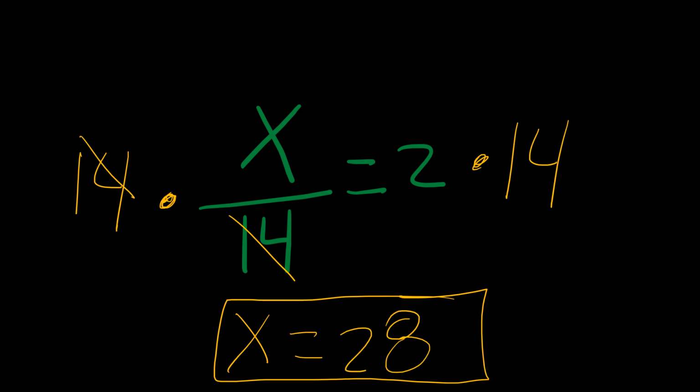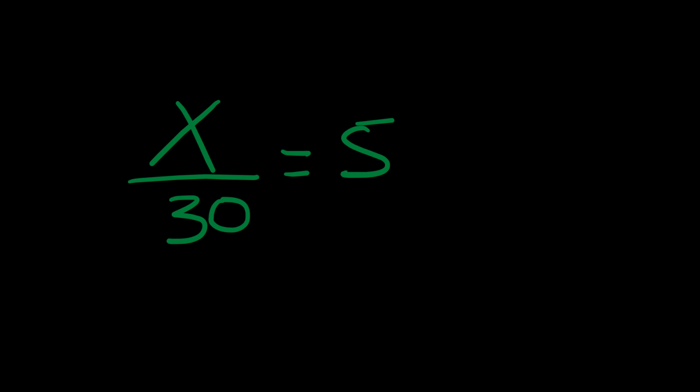Let's do another problem. Alrighty, we have x divided by 30 equals 5. Pause, take a minute, see if you can figure this one out. Okay, if you guessed it, we're going to multiply by 30, right? Because the operator is telling us to divide, so we have to multiply.